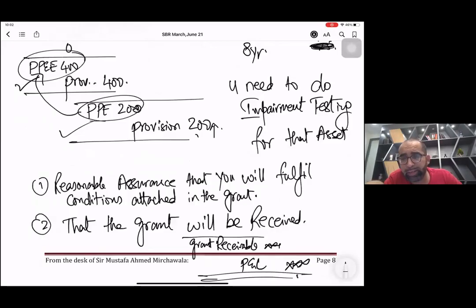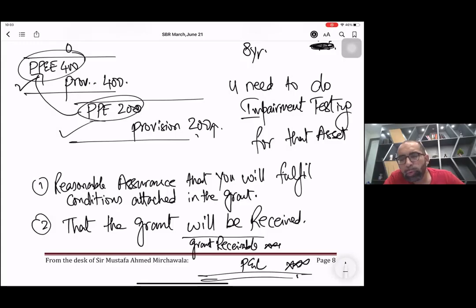Now some intelligent students may ask, sir, when we studied this standard, we made the entry deferred income, we credit the entry deferred income. Yes, even I taught you deferred income. Listen, the reason is, deferred income we do when you have to carry on with that asset on the remaining useful life.